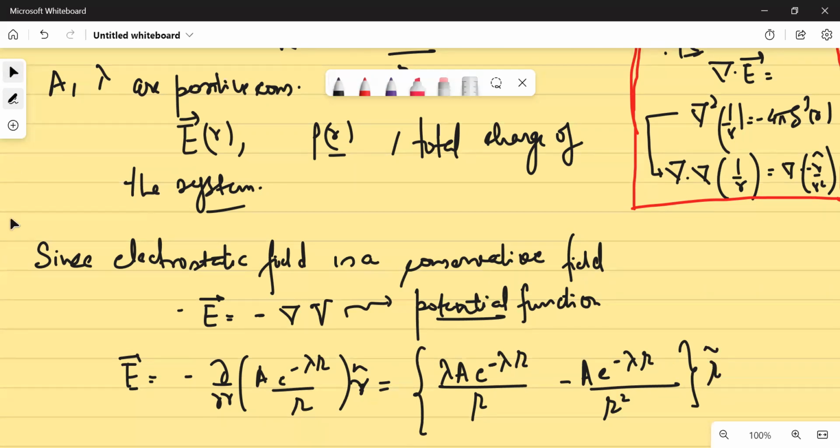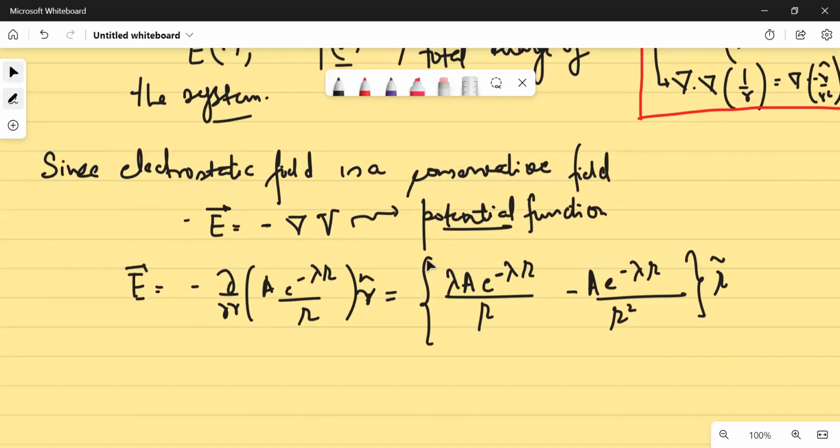So if I take A e की power minus lambda R common, अच्छा, a negative outside, so it will be positive, no? हाँ, this will be positive because there is a negative outside. Okay, so overall it will come out as A e की power minus lambda R, and then if I take R square also common, I will have 1 plus lambda R. Is that clear?